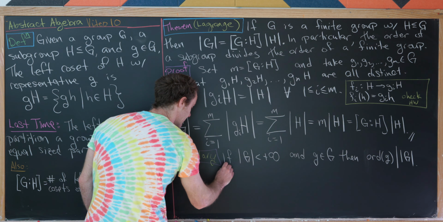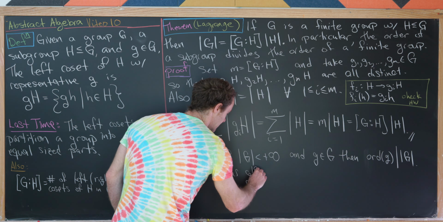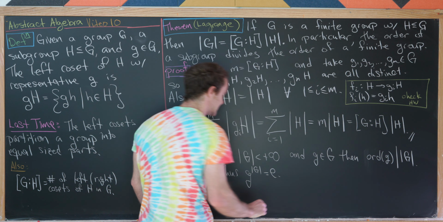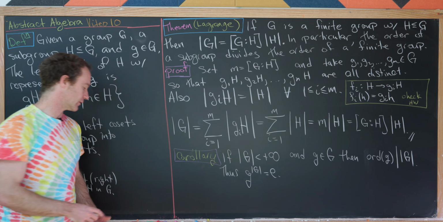But then that allows us to see that g to the power of the order of the group is the identity. So if we can prove that first thing, then this other one follows pretty quickly.